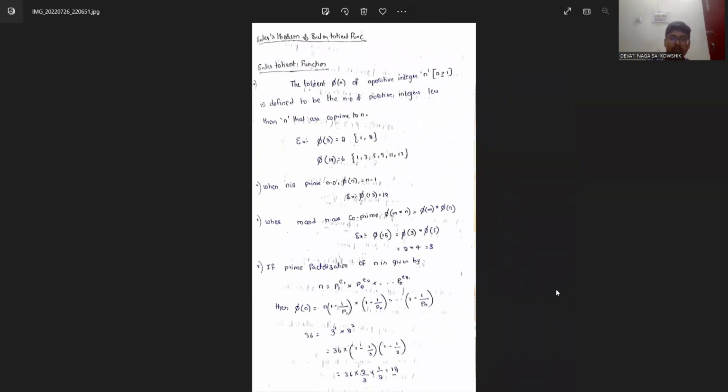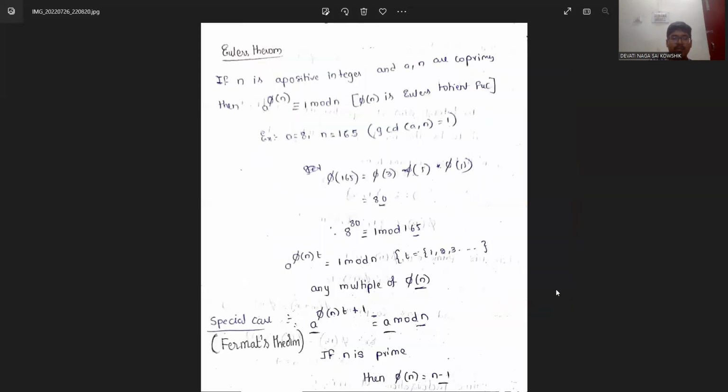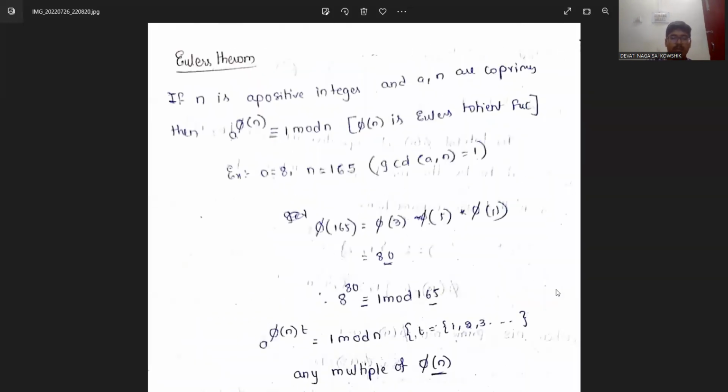Now let's go into the main concept, that is, what is Euler's theorem. Euler's theorem states that if n is a positive integer and a and n are co-prime, then a power phi of n is congruent to 1 mod n, where phi of n is Euler's totient function, which we have seen previously.